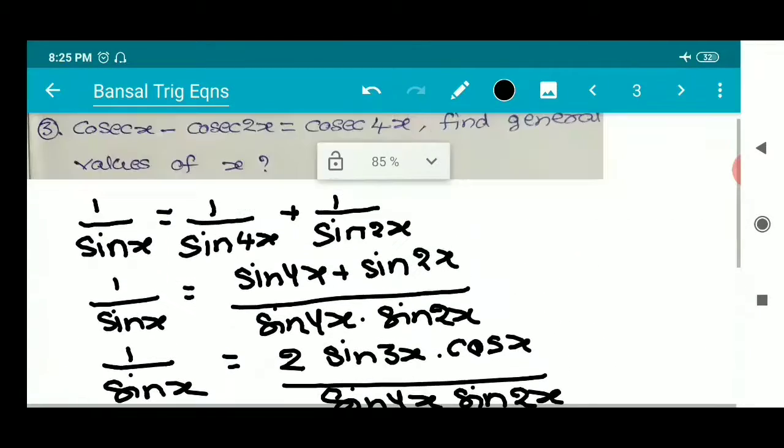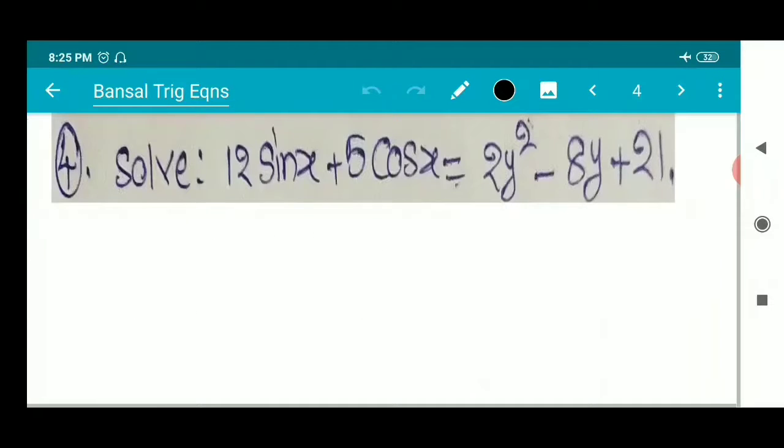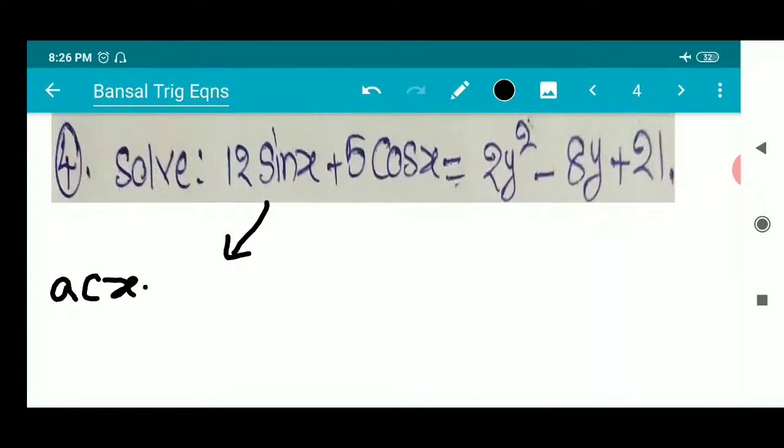So let's see another kind of problem which will deal with boundedness of trigonometric functions. 12 sin x plus 5 cos x is the LHS, and on the right side there is a quadratic equation. We have to find the x, y values if possible. Here this is of the form a cos x plus b sin x.